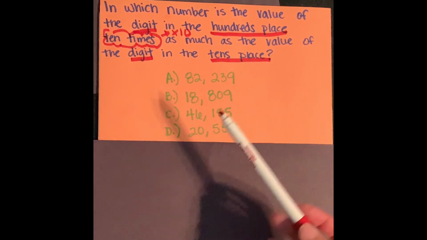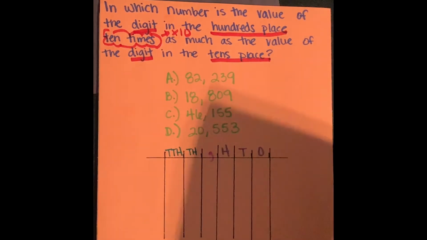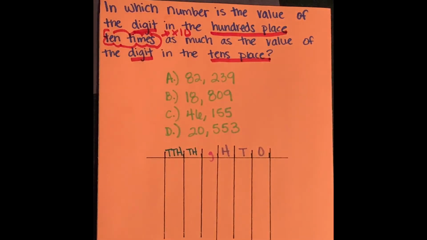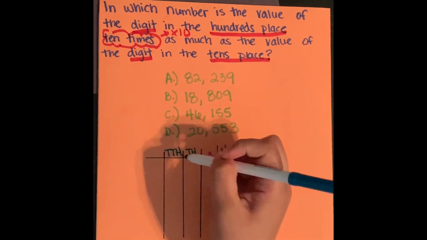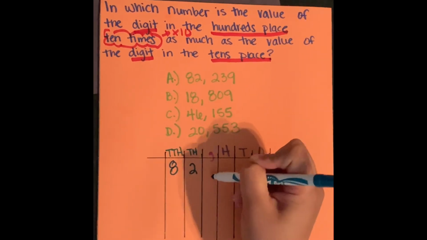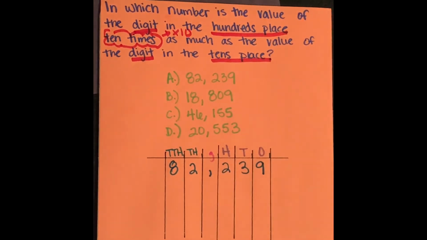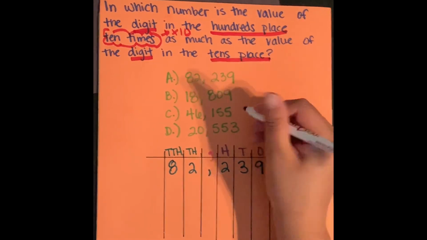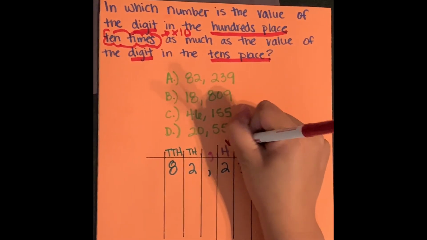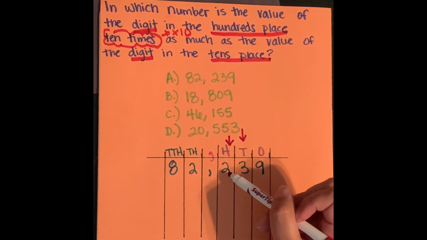The way I suggest tackling any problem that has to do with place value is to first draw a place value chart. If we look at our answer choices and we start by placing it in our place value chart, we have 82,239. Remember, we are only looking at the hundreds and tens place value. And if you look at it, we have a 3 in the tens place value and a 2 in the hundreds.